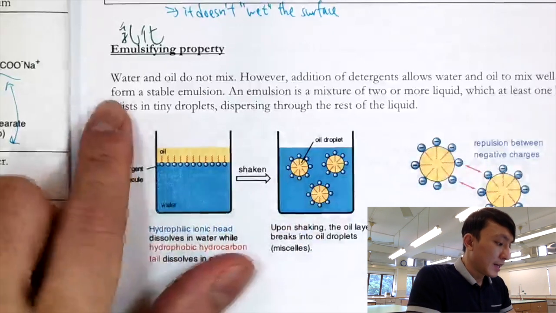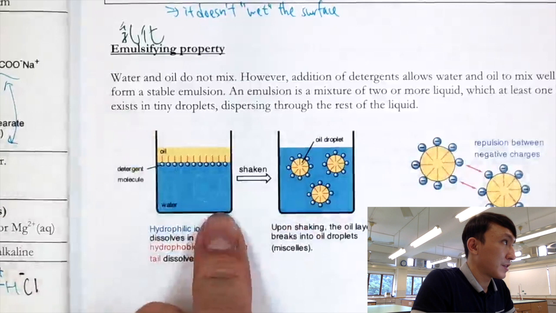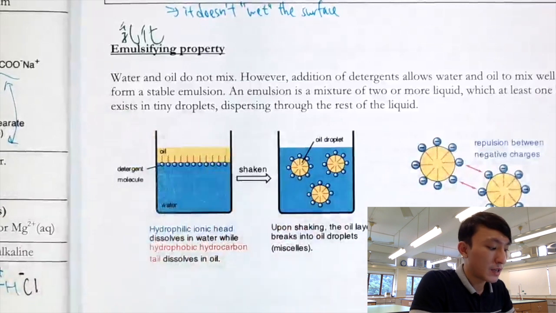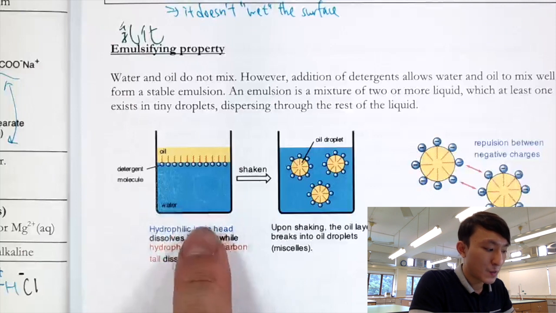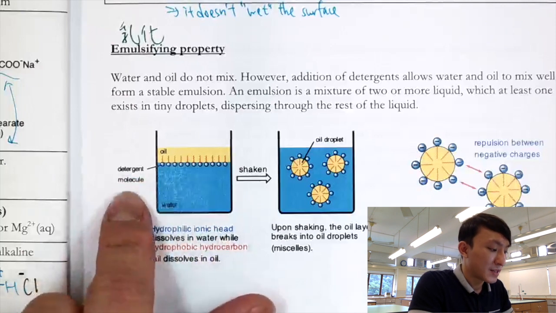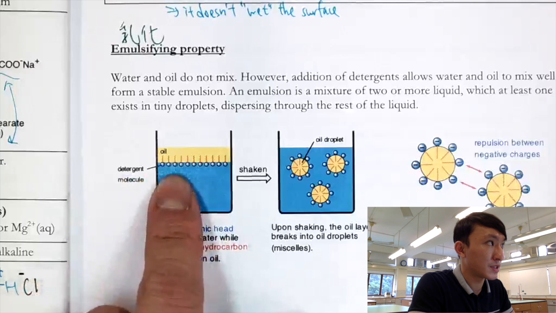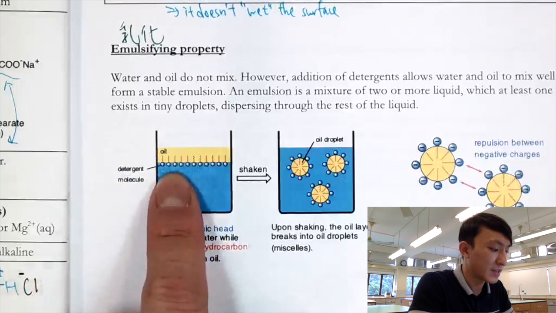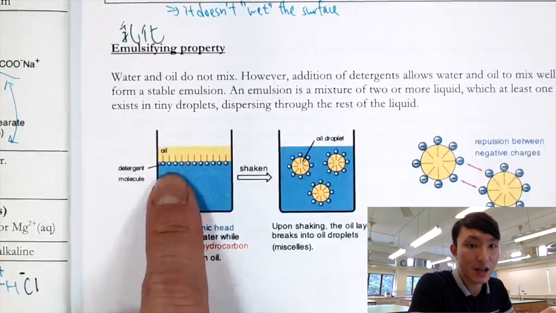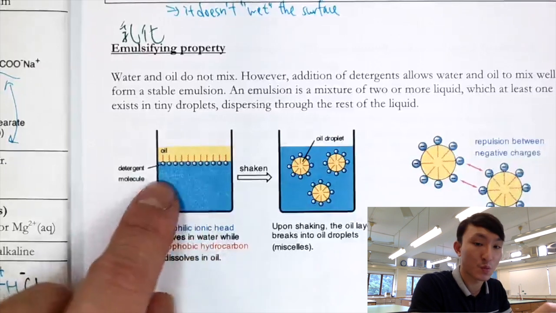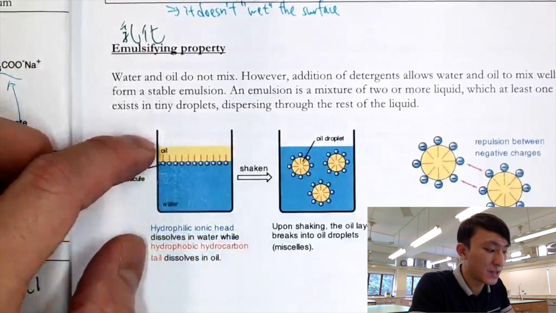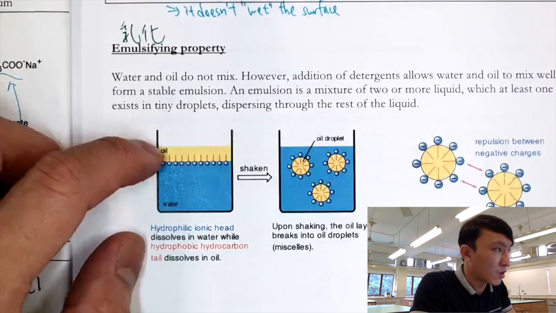If you look at this diagram, as you can see, water and oil do not mix. So in order to make them mix, we can add some detergent molecules. When you add the detergent molecules, they arrange themselves in this way, such that the hydrophilic ionic head faces down to the water layer, and the hydrophobic hydrocarbon tail inserts itself into the oil layer.